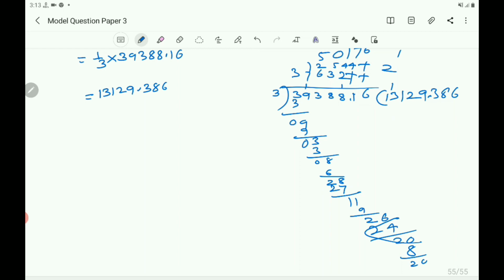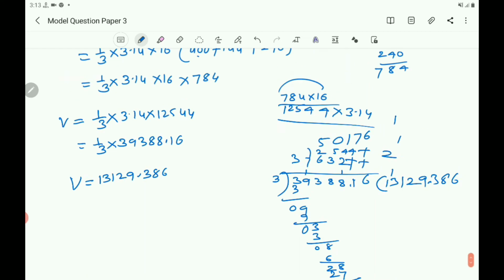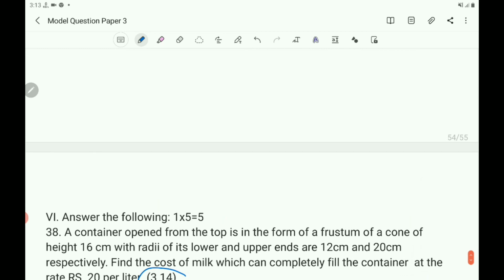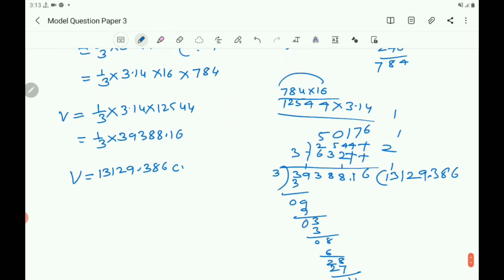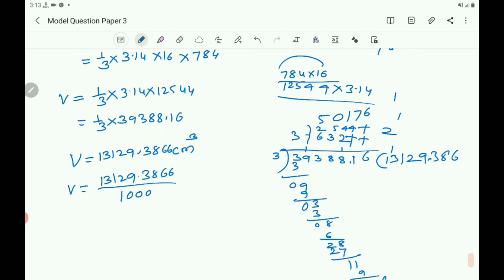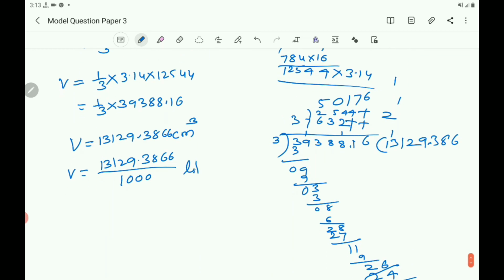That is the milk volume in cm cube, and in liters it becomes 13129.386, one more 6 you can take, divided by 1000 liters.